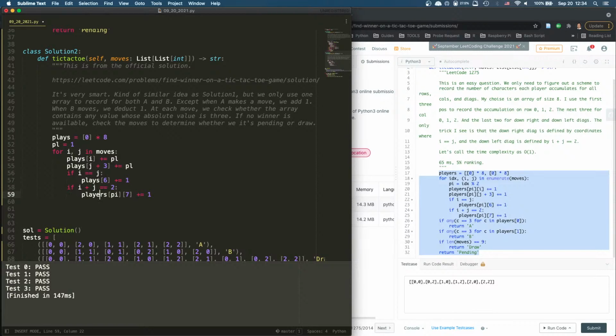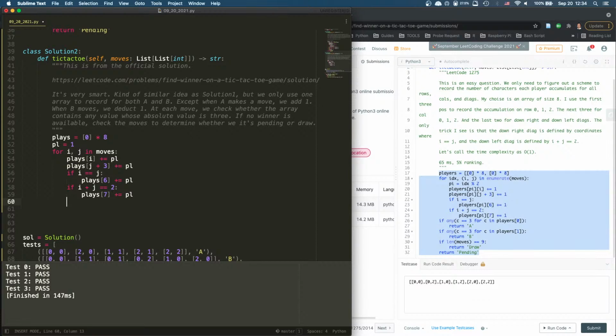If this, then plays 7, right? But not that, plus equal to play. And once it's done, we're going to check. How do we check? We just go through all of them to see if there is a 3.